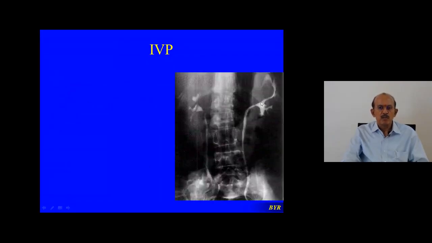Whenever a mass occurs in the kidney, the mass gradually increases, so the calyx adjacent to the mass will be stretched and elongated. What you see here is the elongated calyx with dilatation of the ends, an elongated, narrowed calyx with club-shaped ends.